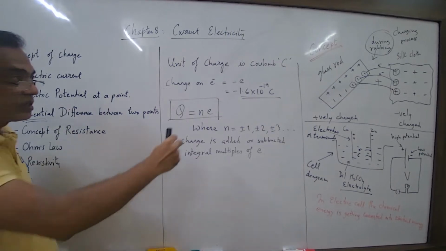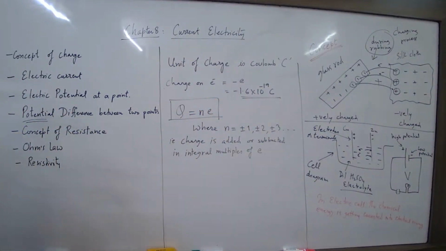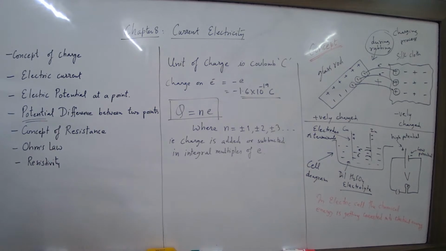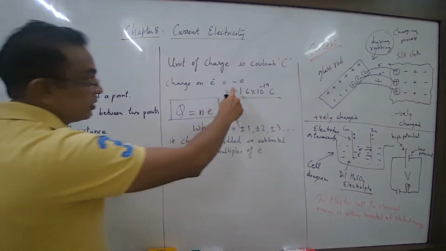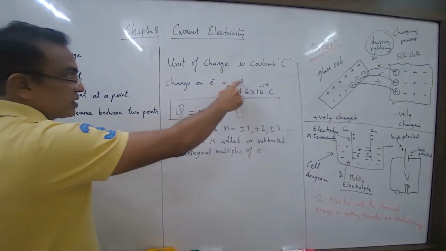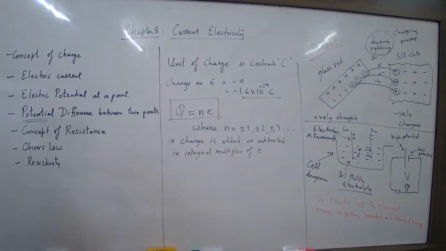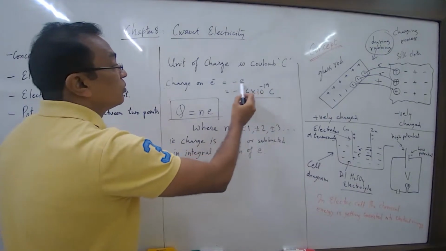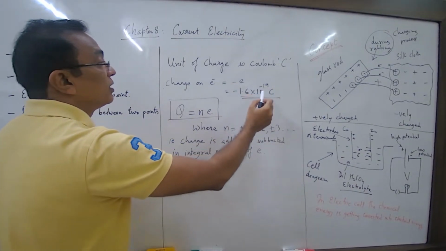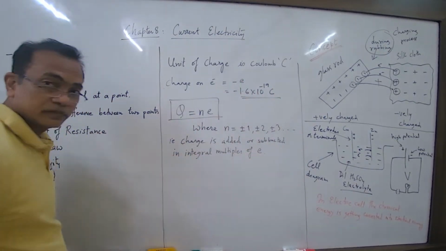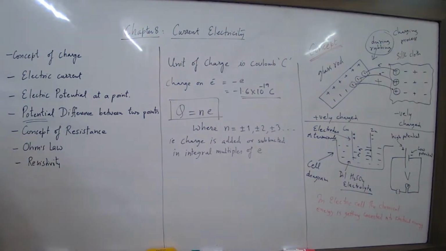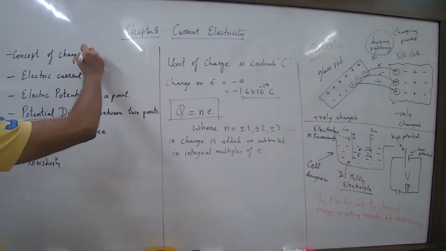So charge on electron is this, what will it be on a proton? Same but plus, okay? What will be on the proton? Plus 1.6, so it will be plus E. Okay? Symbol for 1.6 into 10 raised to minus 19 coulomb is E. All right. So this completes our discussion on charge.